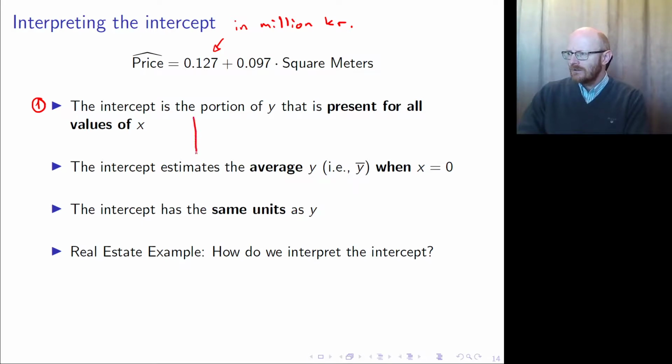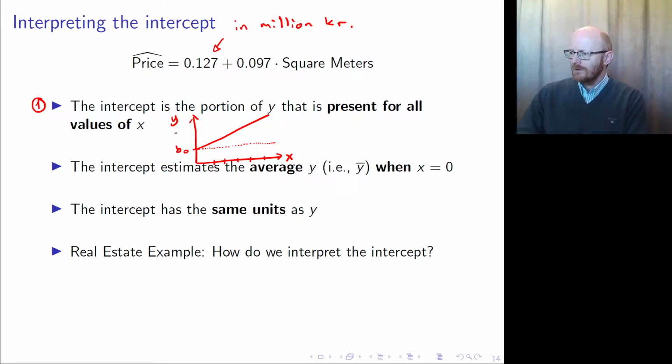And you can think of it like this: if you have x on the x-axis and y on the y-axis, and you have an intercept here, b0, and you have a line here, then this b0 is present for all the data points you have. For example, for all apartments. So, for example, for an apartment, what kind of common factor do you have?